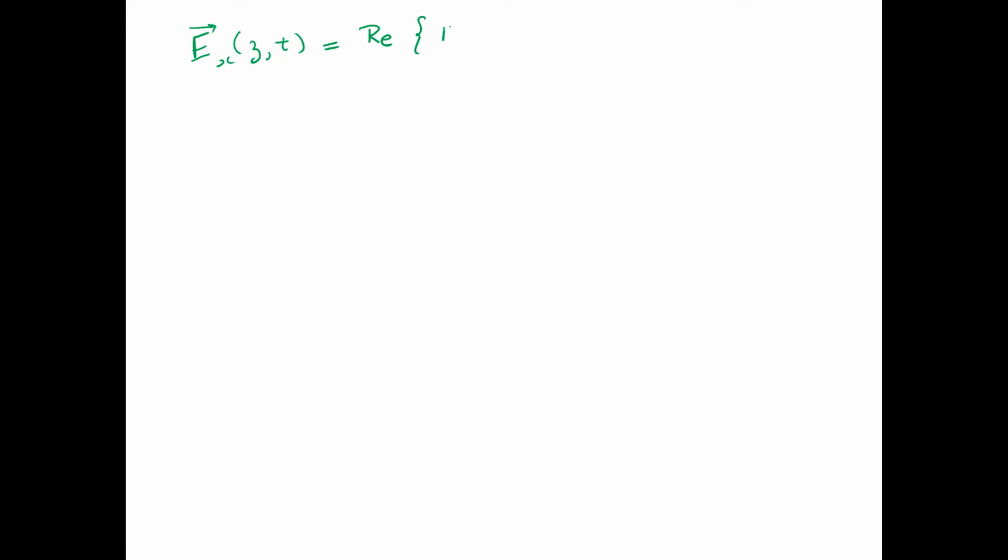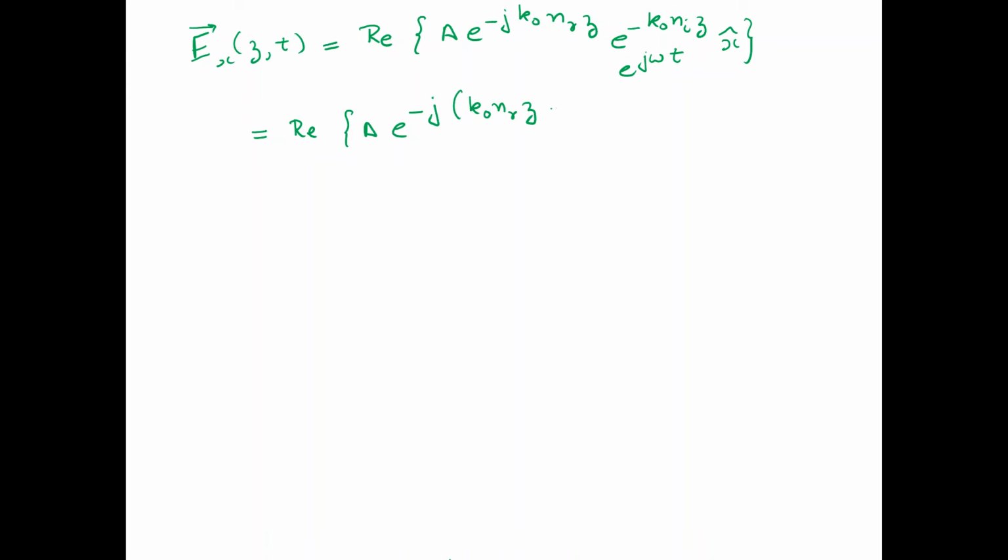It would be the real part of A e^(-j k naught n real z) e^(-k naught n imaginary z), pointing in the x direction, multiplied by e^(j omega t). So let me put the minus inside.